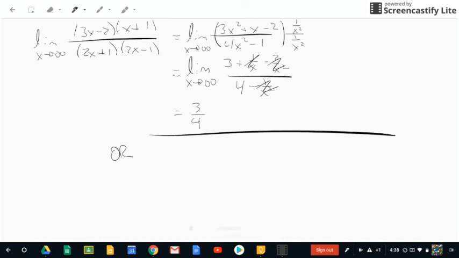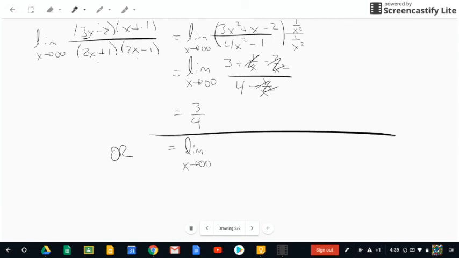Or we could have done this. This is the limit as x approaches infinity. Another thing that I could have done here is I could have noted that when we've got 3x minus 2 times x plus 1 over 2x plus 1 multiplied by 2x minus 1, I've got two linear terms multiplied together, or factors multiplied together.